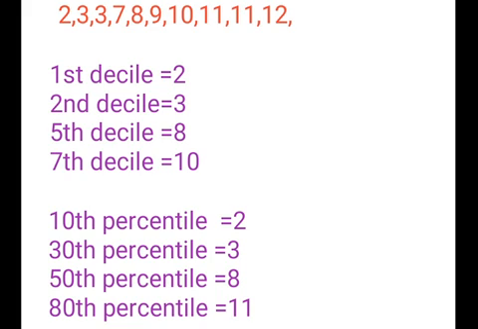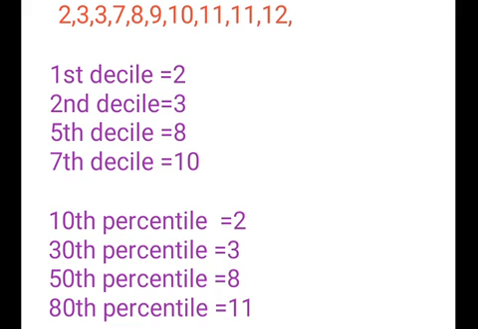If you were to calculate the first decile, the first decile takes the first position, 2, because if we divide that data into 10 equal parts, each number will belong to a given section. So the first decile is 2 in that data, the second decile is 3, the fifth decile is 8, and the seventh decile is 10.